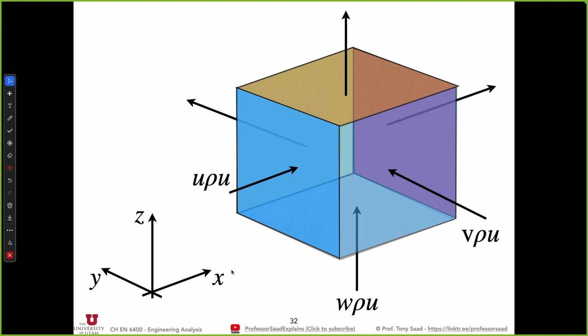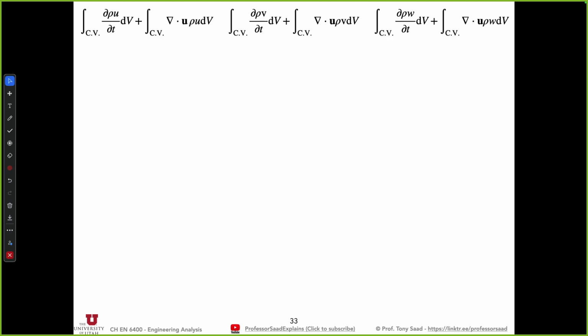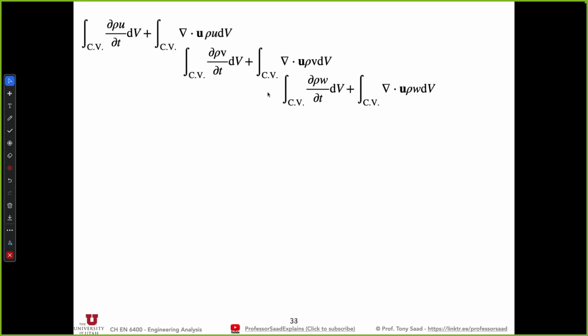Because the net flux is going to be the divergence, which is the sum of the rates of change in x, y, and z of all of those individual pieces. All right, so now we're back here, and we figured out what the left-hand side means. So this is our left-hand side, okay?